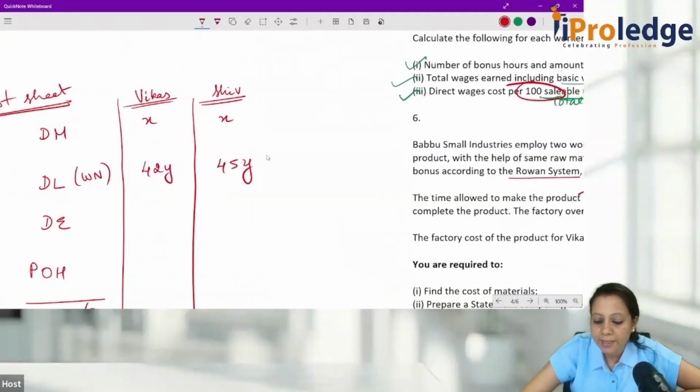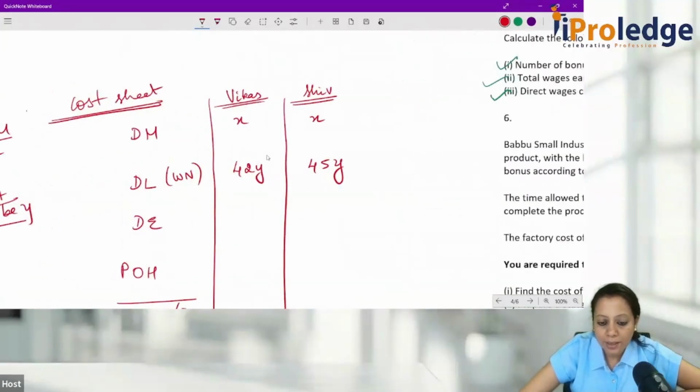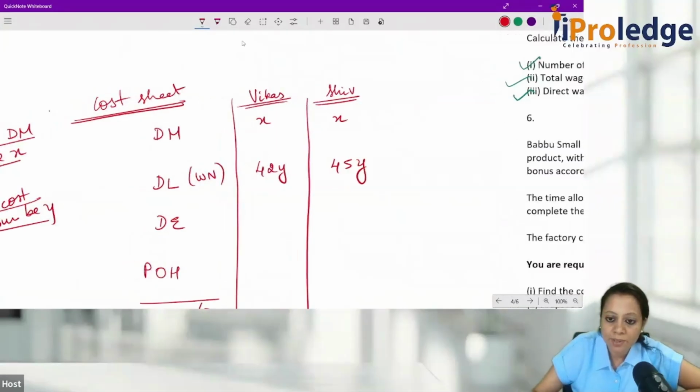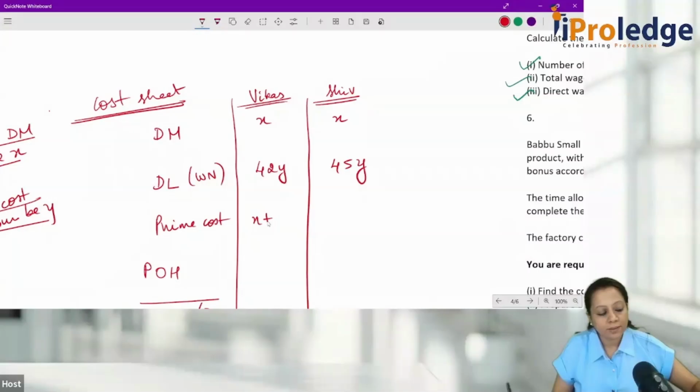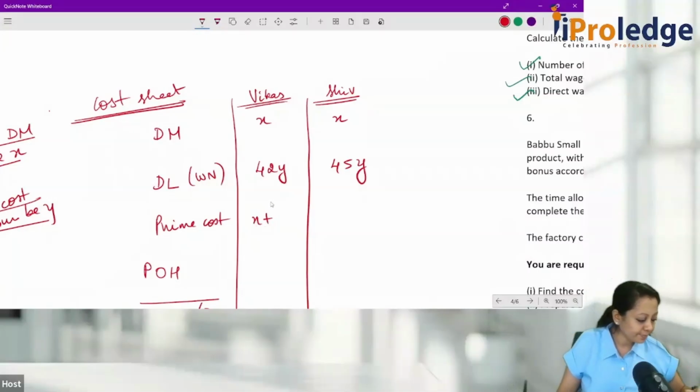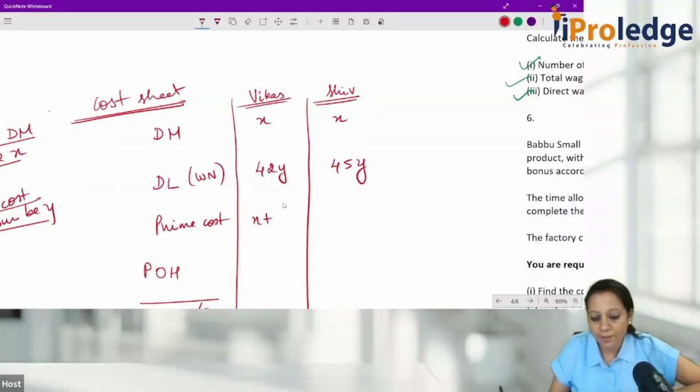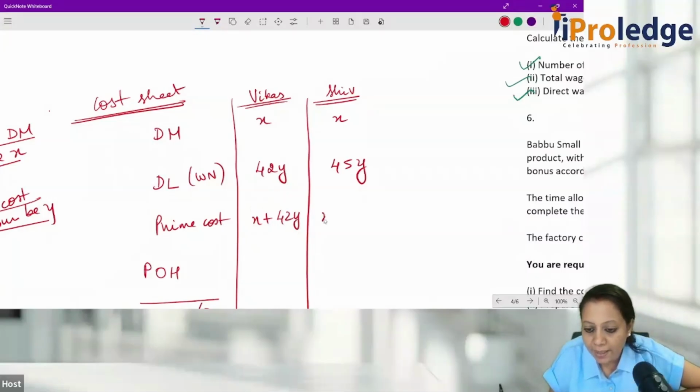Is there any direct expenses? No. So now we will write the prime cost. X plus 42Y and X plus 45Y.